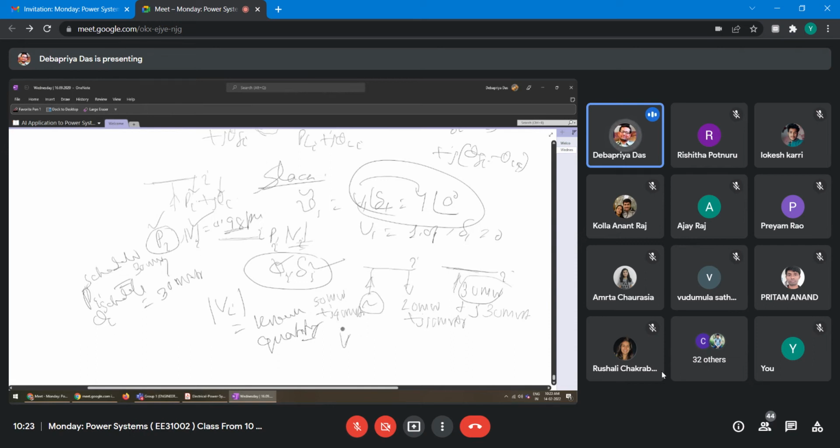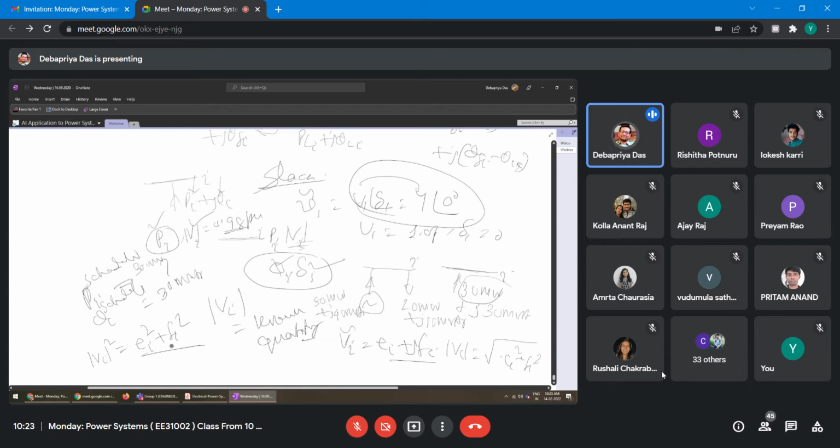So we can write Vi as real part Ei plus j imaginary part Fi. Two parts are there, real part and imaginary part. Therefore, the magnitude Vi is root over Ei square plus Fi square. That means Vi square is equal to Ei square plus Fi square.